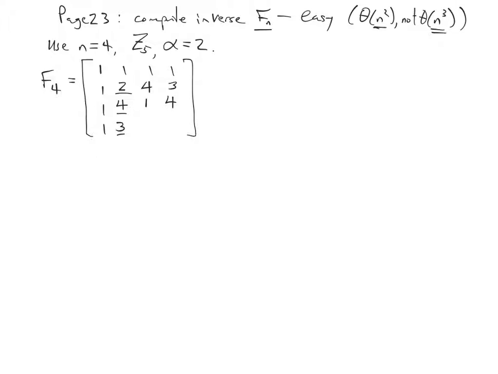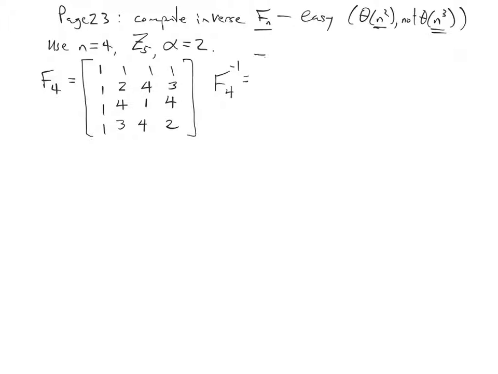So this is 9, which is in fact 4, and then 3 times 4 is 12, which is 2. So that's our matrix. Now I'm going to tidy it up and get rid of these underlines. Oops, I destroyed the bottom of my 3. Okay, and our goal here is to get F sub 4 inverse.